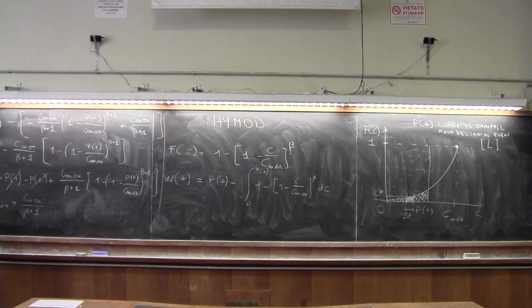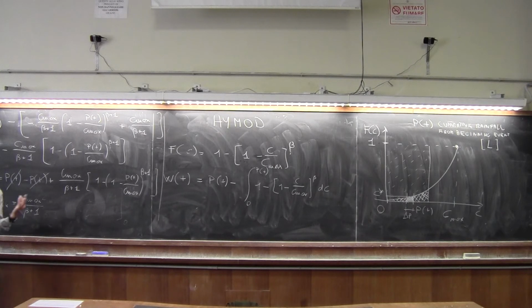If beta is 0, I already mentioned that we go back to a situation where you have uniform storage over the catchment, similar to the linear reservoir I had before, and therefore Wmax is equal to Cmax. But given that in general beta is greater than 0, the maximum actual storage in the catchment is always lower than the maximum possible storage in the catchment.